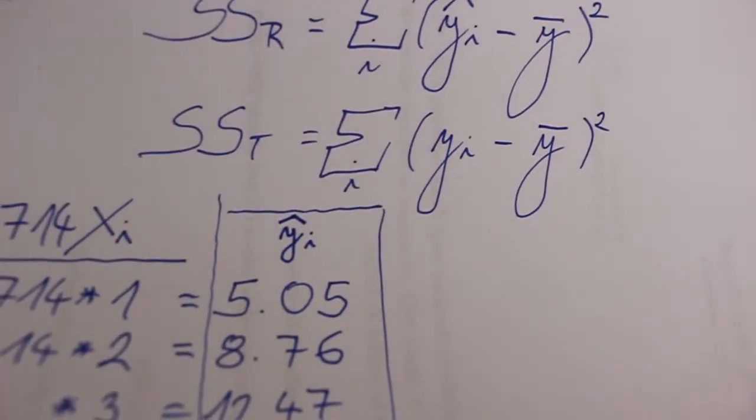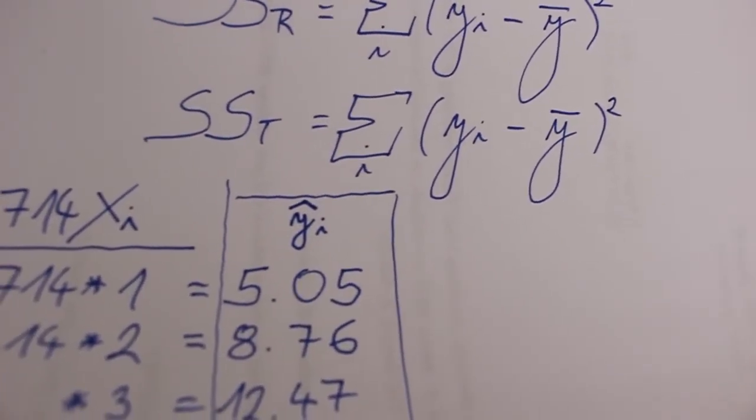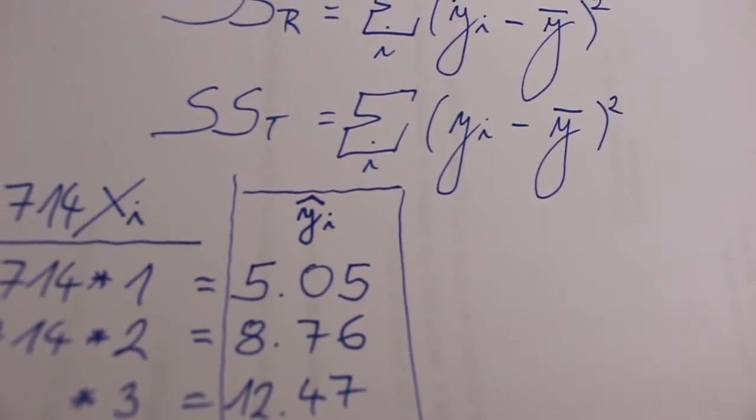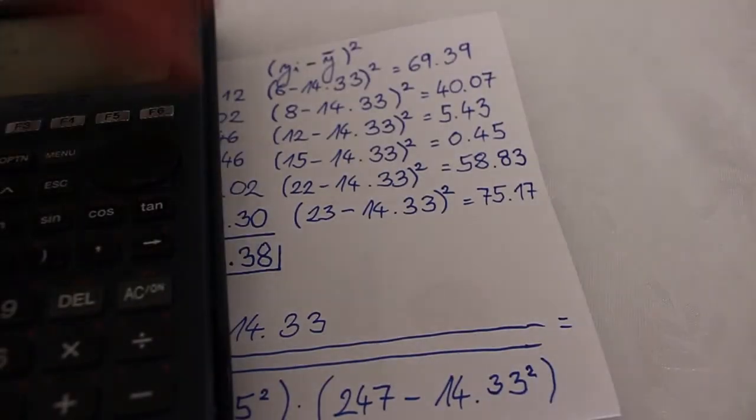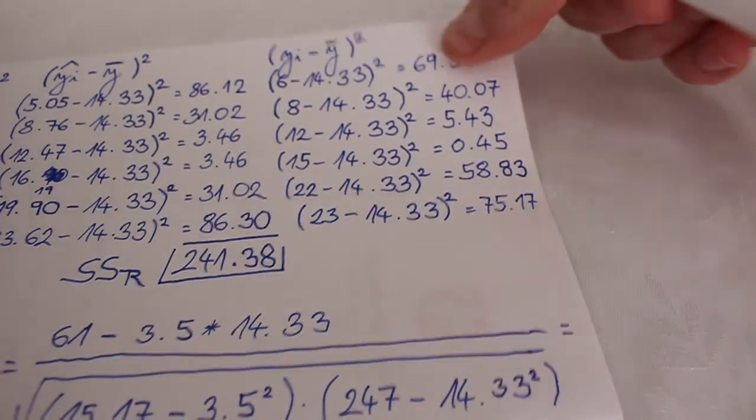According to this formula, if I calculate the sum of these squares, I will receive the total sum of squares.